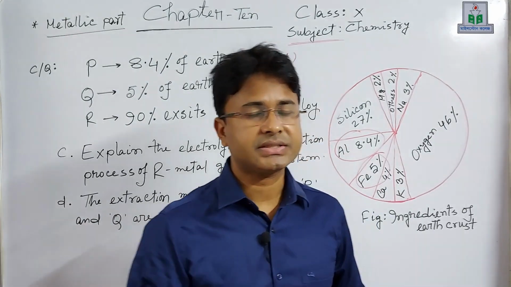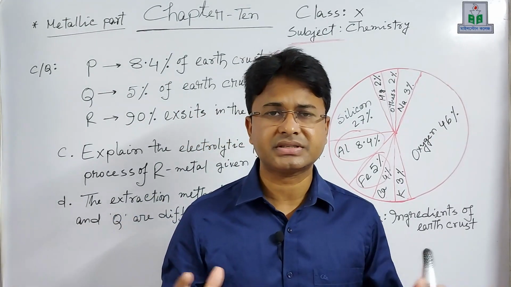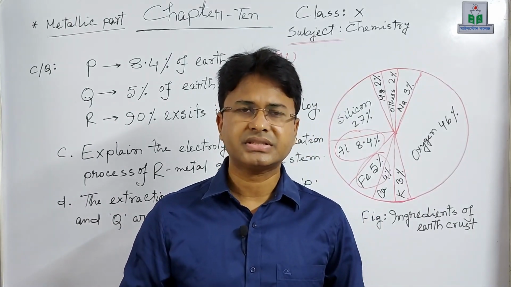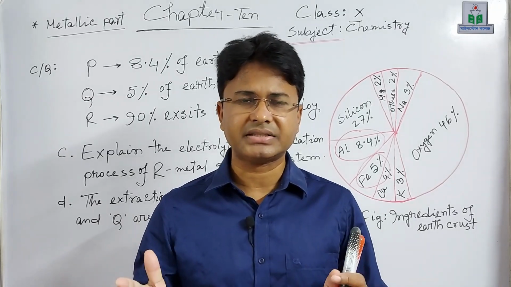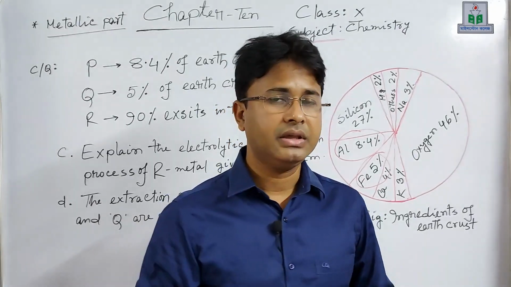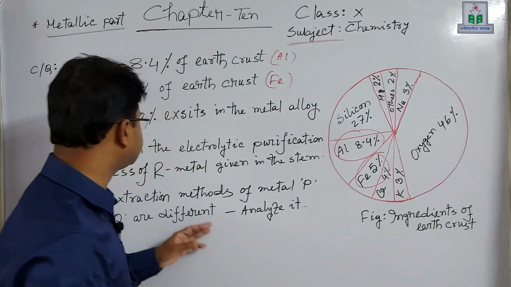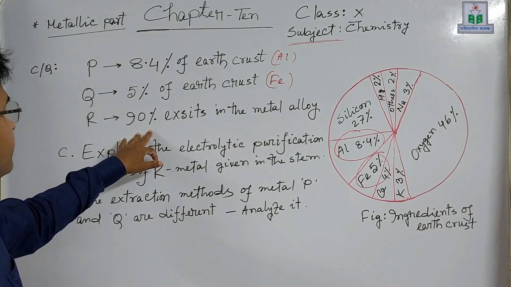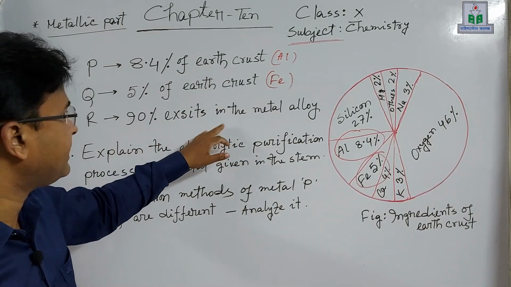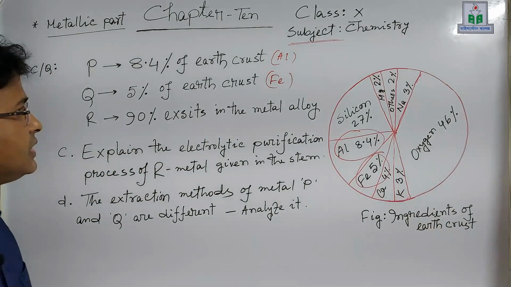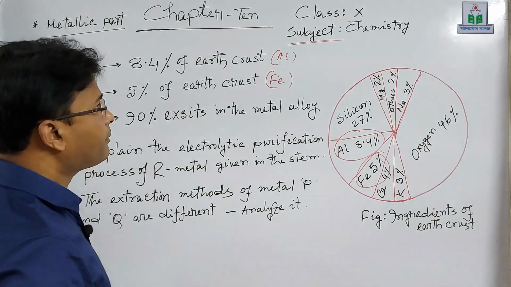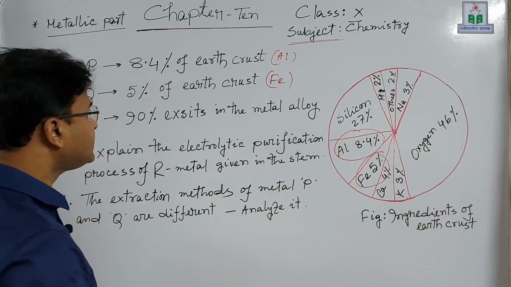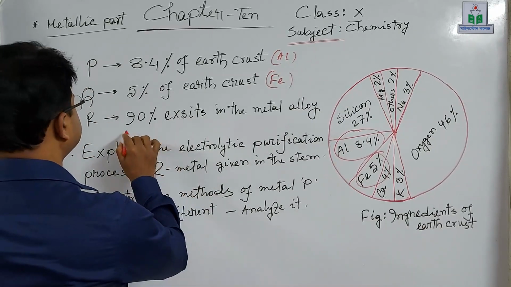My dear students, you have to memorize the percent amount of different metals present in a metallic alloy. Now in our question it is given 90% exists in the metal alloy. Actually bronze contains copper and tin, I mean stannous.